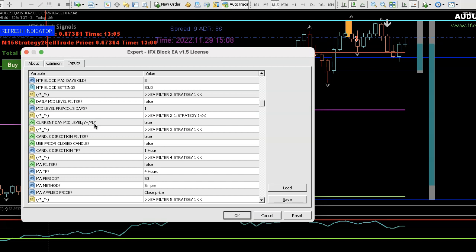If it's above yesterday's high or below yesterday's low, then do not enter. So if this is true, I'm going to put it to true, meaning that it's going to give me a filter that if this magenta line, my current mid-level, is below my yesterday's low or above yesterday's high, it's not going to trigger an entry for me, okay?